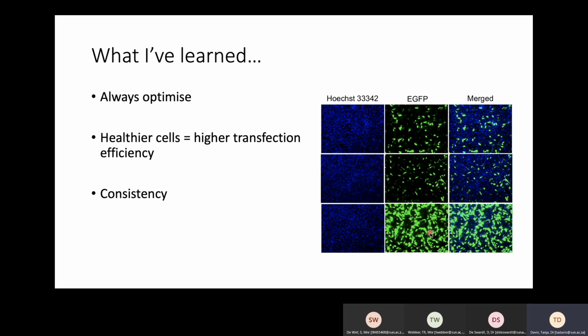Sometimes you can give 1, 2 or 3 pulses, and each pulse can last a specific amount of time. If you decrease the number of pulses, you're decreasing the number of times your cell membrane is being attacked, so that could be a little bit less cytotoxic. But there's a lot of things you can play around with.